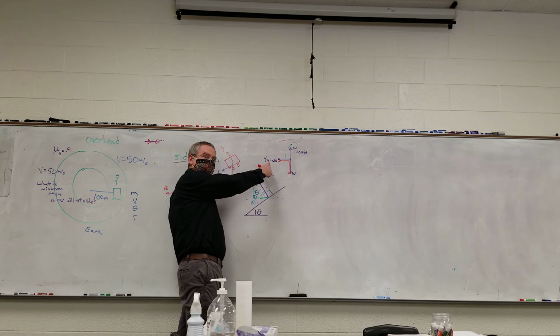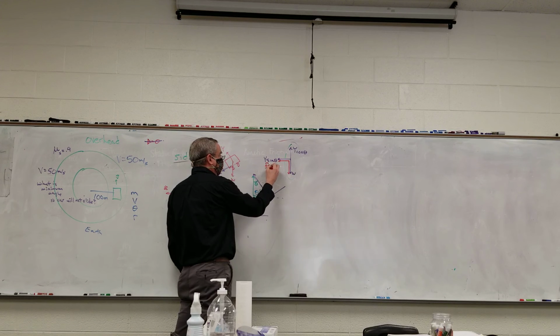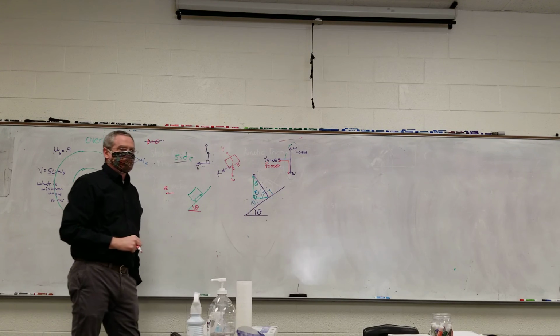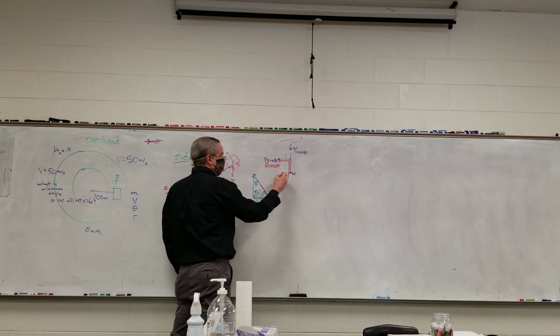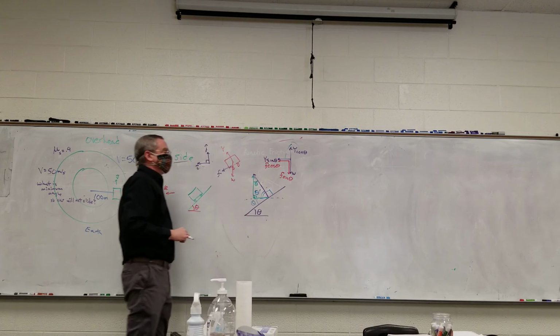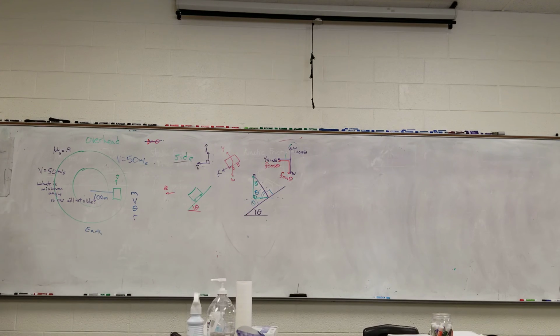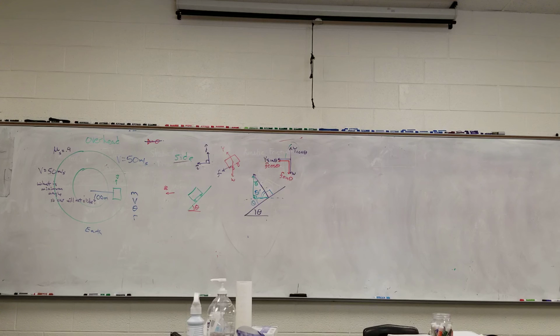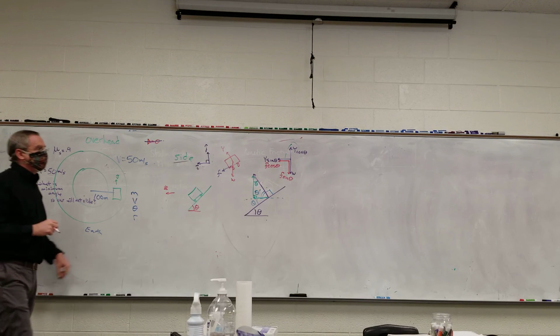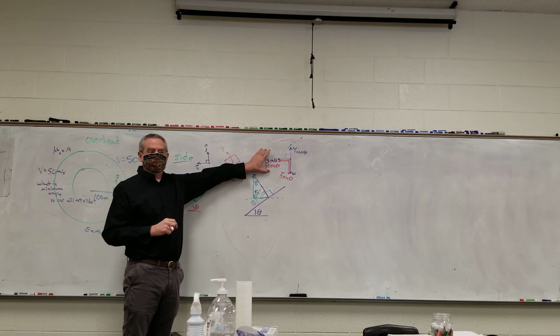Because normal force sine theta is the horizontal, friction cosine theta will be the horizontal. Because normal force cosine theta is the vertical, friction sine theta is the vertical. This works if they're perpendicular. My centripetal force is now a combination of a component of normal force and a component of friction. It is this combination which is the centripetal force.